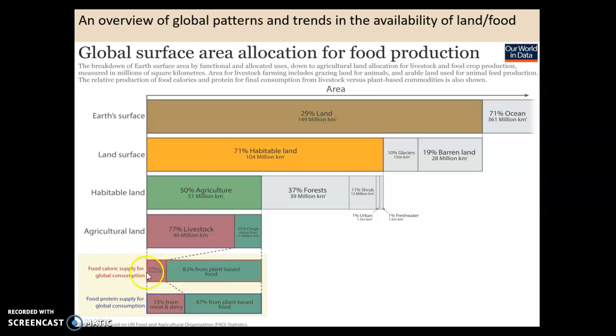So 17% of that is livestock from up here. And then as we go down, we're looking at protein supply. Of that 17%, 33% of that is meat and dairy, and 67% of that is plant-based foods. So lots of people get their protein from plant-based food. That's what that is showing you.